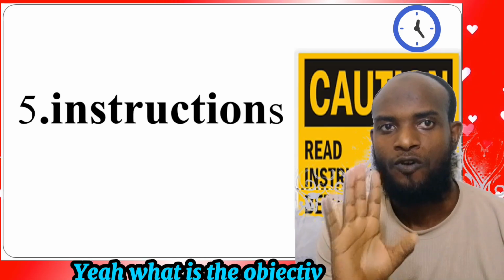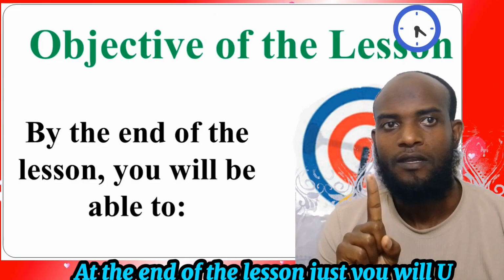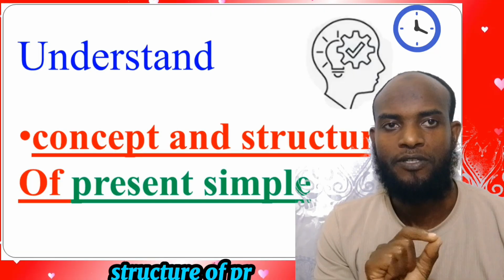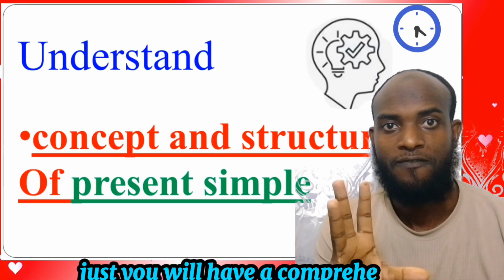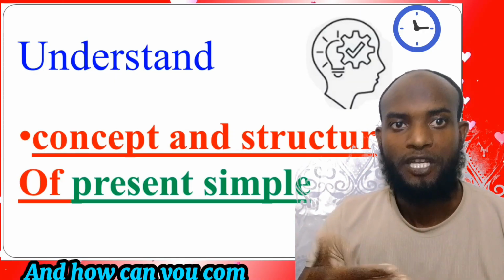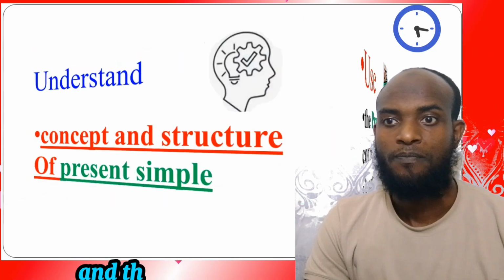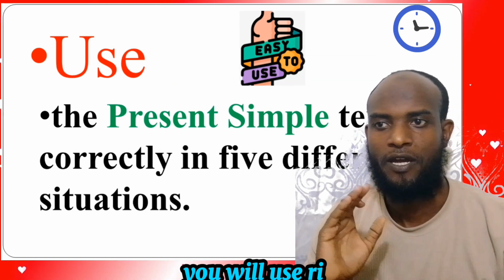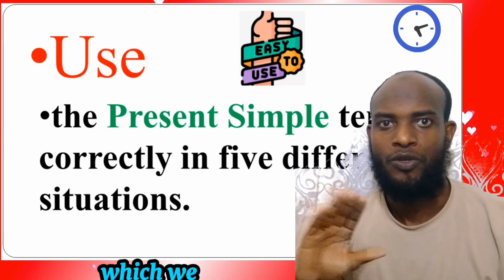What is the objective of this lesson? At the end of the lesson, you will develop and understand concepts in the structure of present simple. For sure, at the end of the class, you will have comprehensive know-how about what present simple is and how you can construct your sentences correctly in the present simple tense in 5 different situations, the 5 most important situations in which we use present simple.